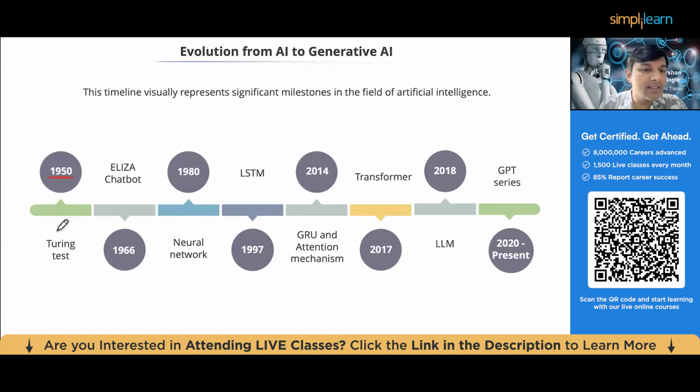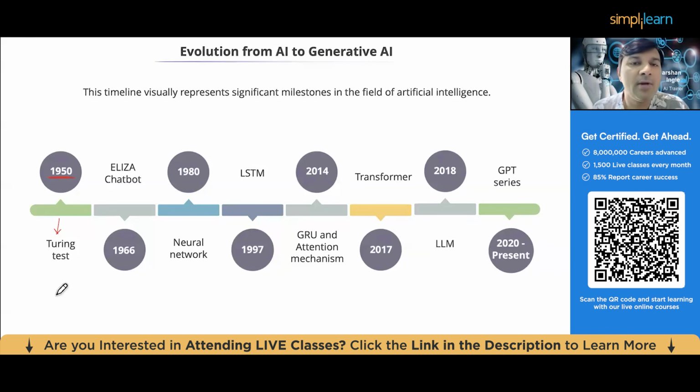So what is this Turing test? Let me tell you that ChatGPT also had to pass this Turing test to be called intelligent. This Turing test was invented by Alan Turing, and the test basically focuses on asking a question: can a machine's responses fool a human into thinking it's another human?